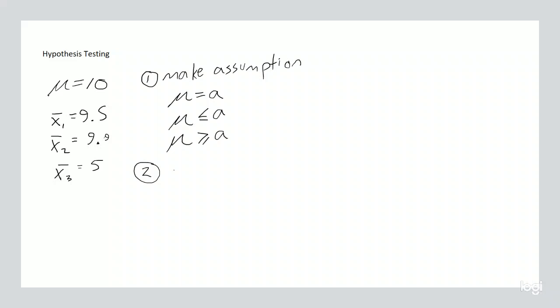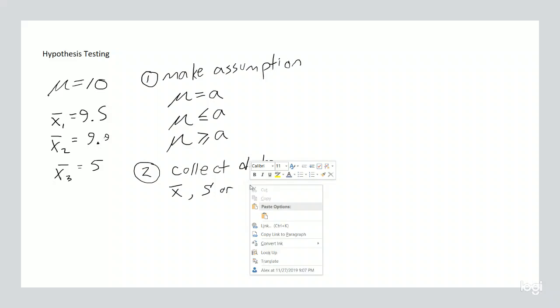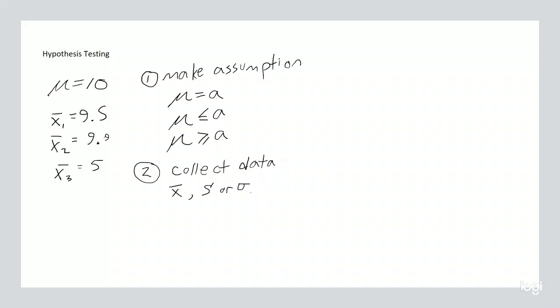And then step 2 is you collect your data. Okay, now when you collect your data, you're going to have a sample mean, you're going to have a sample standard deviation, or maybe you know the population standard deviation.